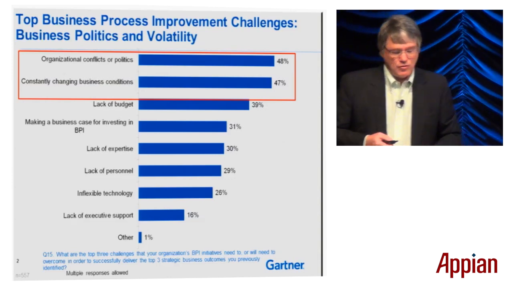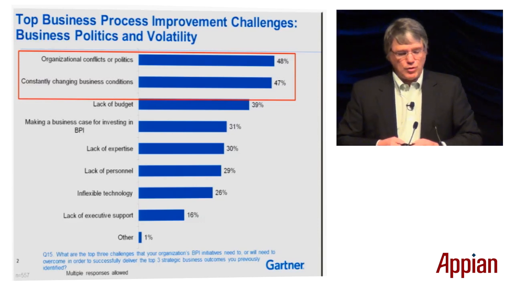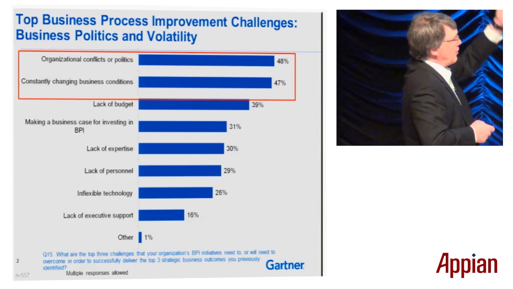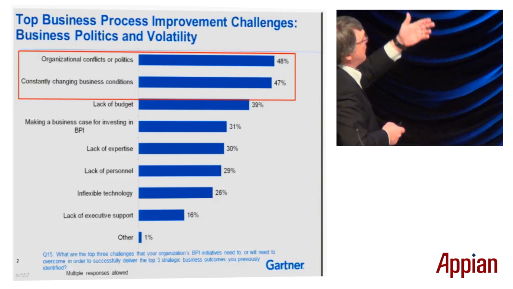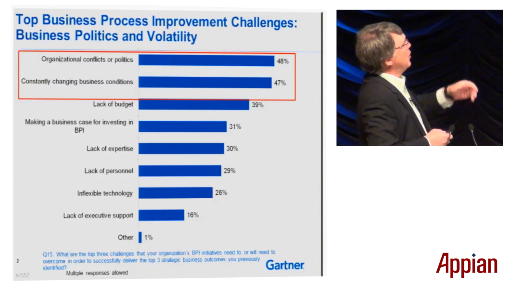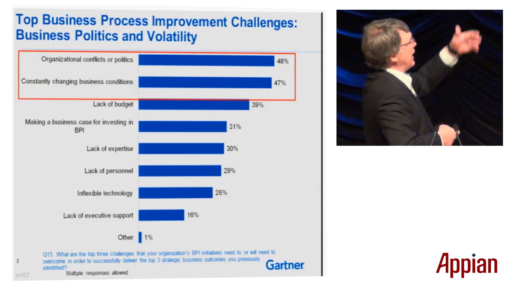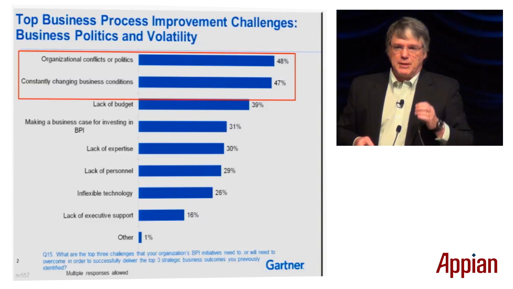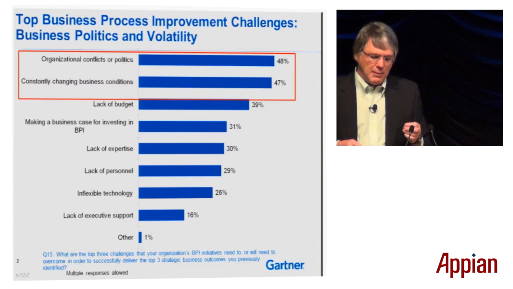So that's one of the reasons we're going to see more social as part of BPM. The other impediments there, you can see some of them, it's typically not a technology issue, nor executive buy-in. Those are fairly low on the list. So it's much more about getting people engaged and involved in making change happen.